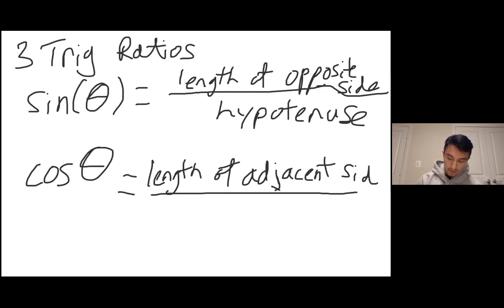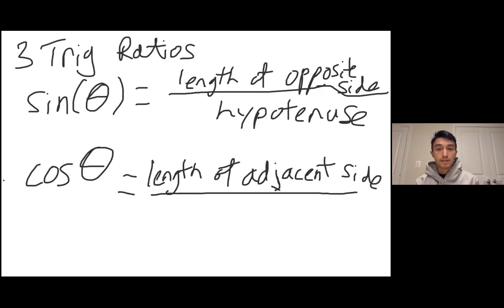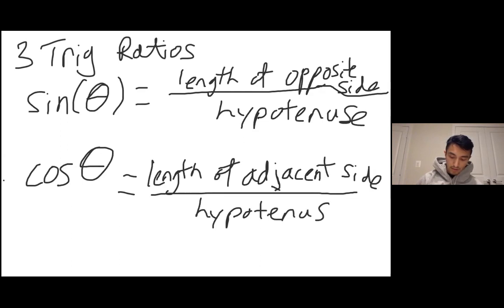Adjacent means right next to, right? So right next to is adjacent, okay? And that's obviously the only side left, because the hypotenuse is always the same. So it's whatever side is not the opposite, okay? And in the cosine, the similarity is that you're dividing by the hypotenuse again.